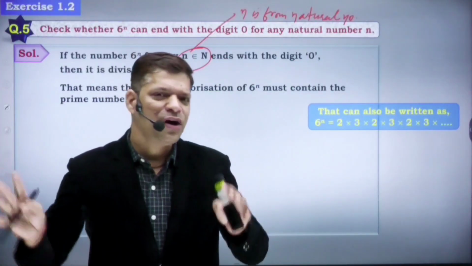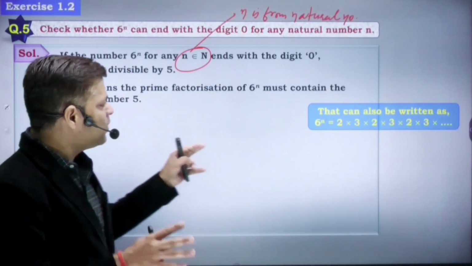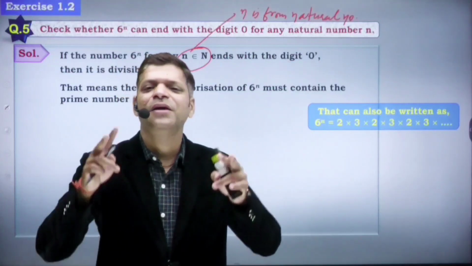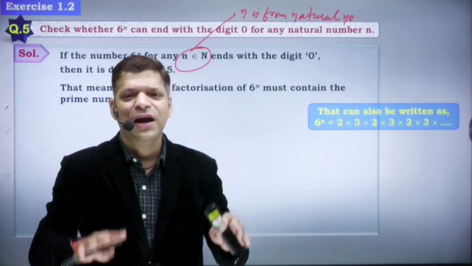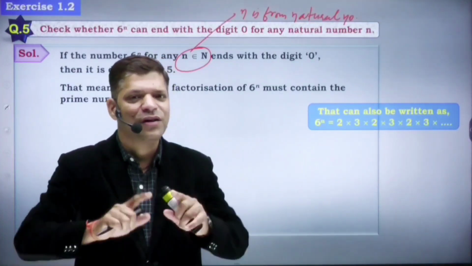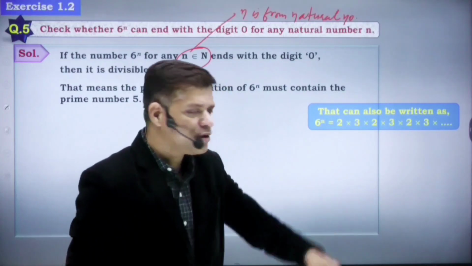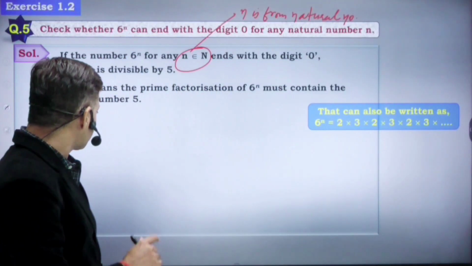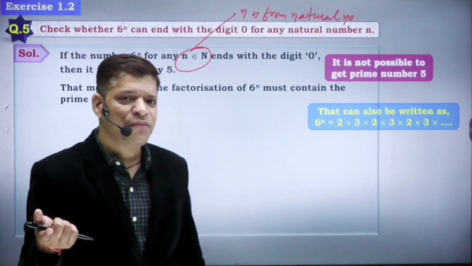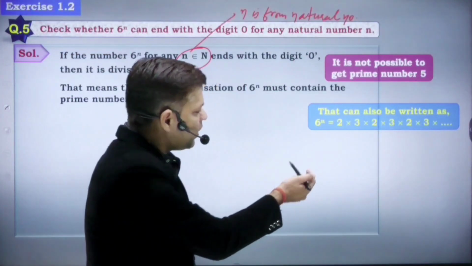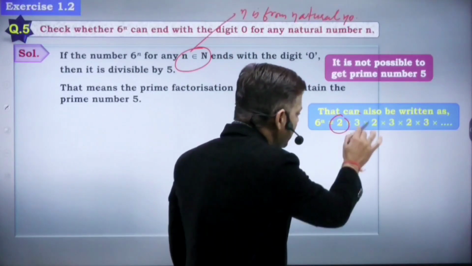And if the prime number 5 were contained in the prime factorization of 6 power n, then it would end with digit 0, otherwise not. So here a contradiction is created. Which contradiction? It is not possible to get the prime number 5 because there are only two prime numbers, the first is 2 and the second is 3.